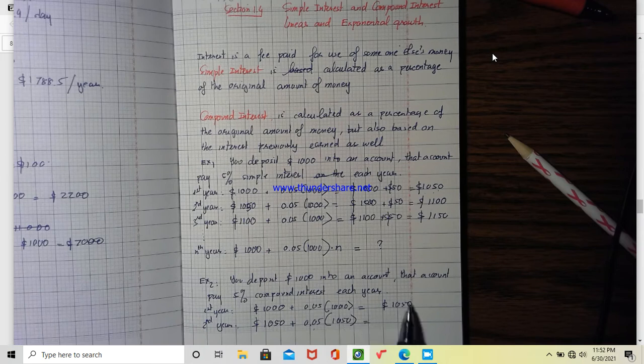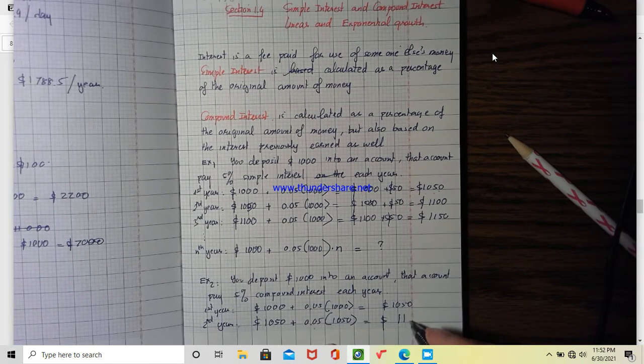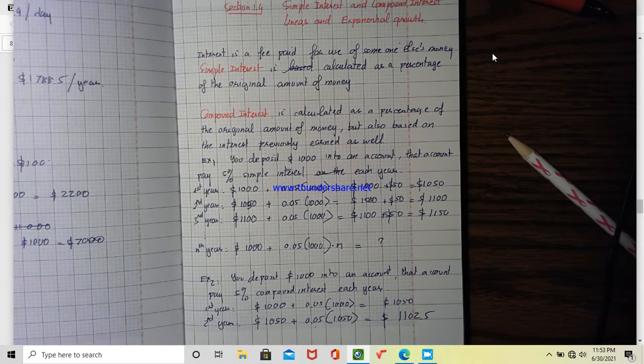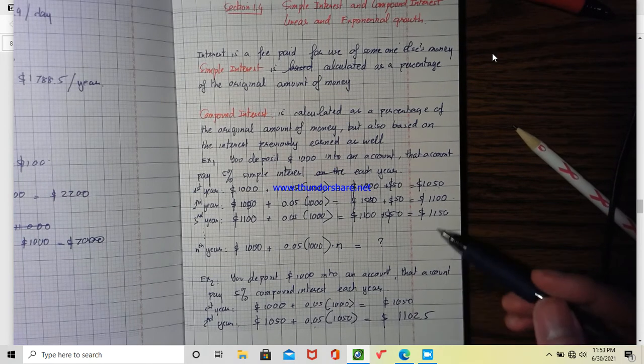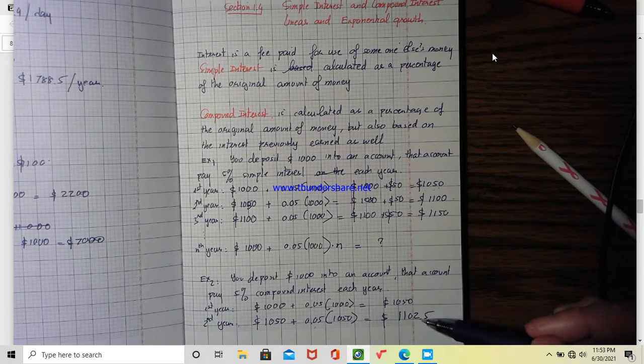So you're going to have 0.05 multiplied by 1,050 plus 1,050, which gives 1,102.5. So you see the difference? It's a little bit more, right?